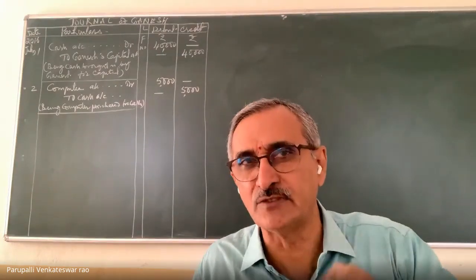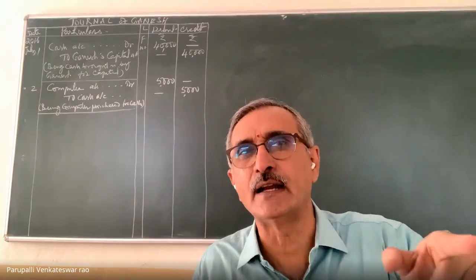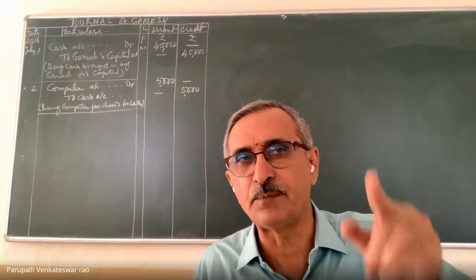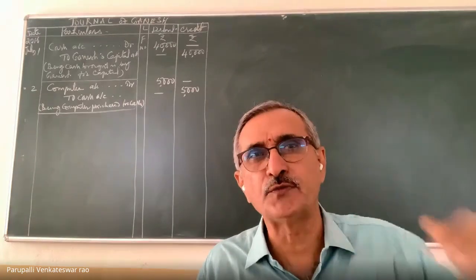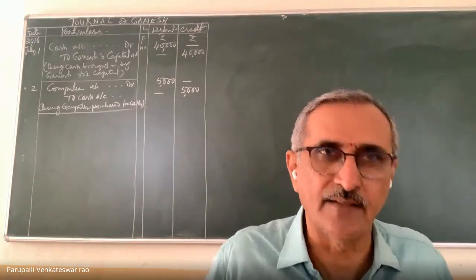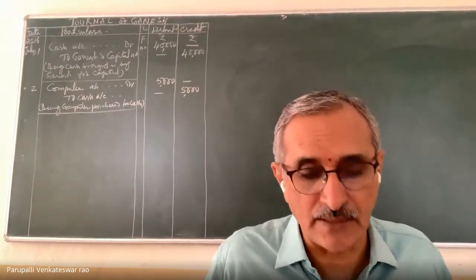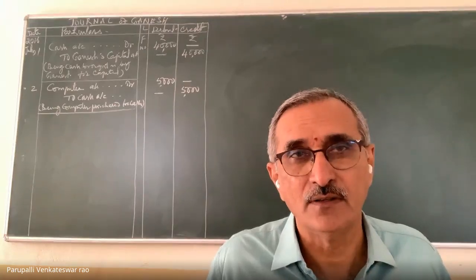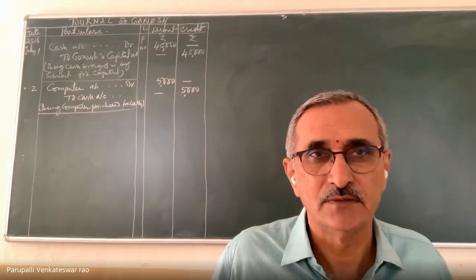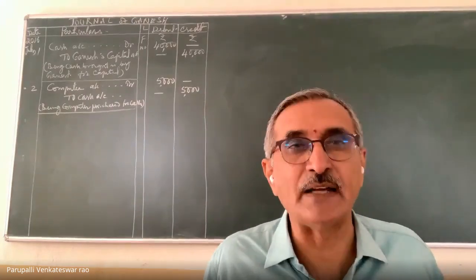So we received goods from Sundar. Sundar is the giver. So purchase of goods account debit 4,000 to Sundar's account 4,000. Being goods purchased on credit.